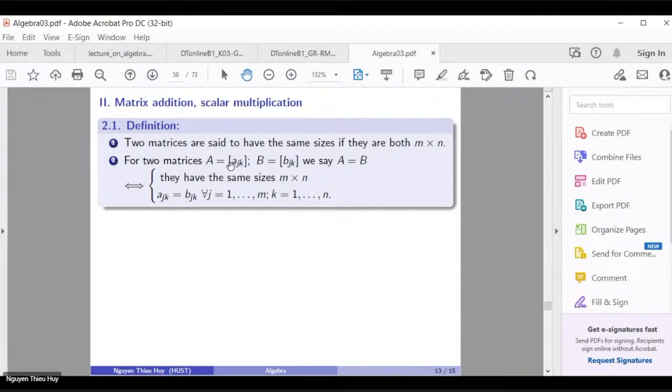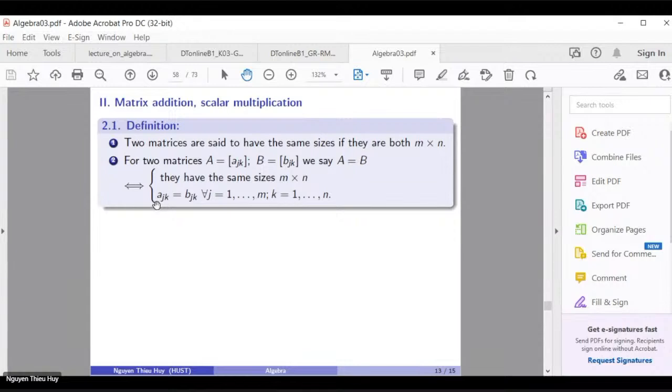So two matrices A equal a_jk, B equal b_jk. We say that A equals B if and only if they have the same size, so the same number of rows and the same number of columns, and also the corresponding entries are the same.